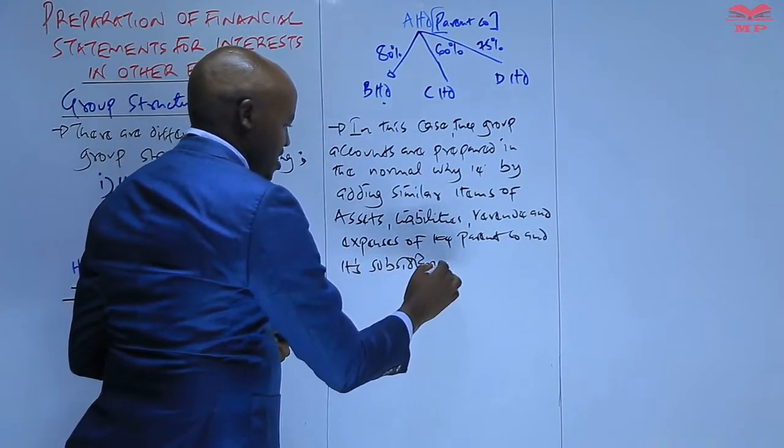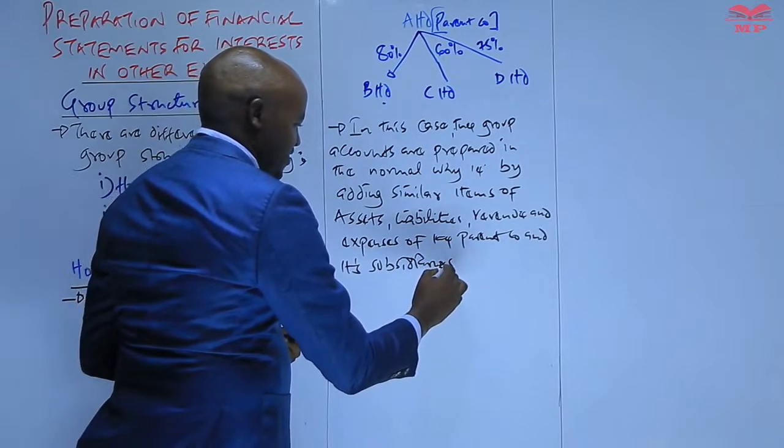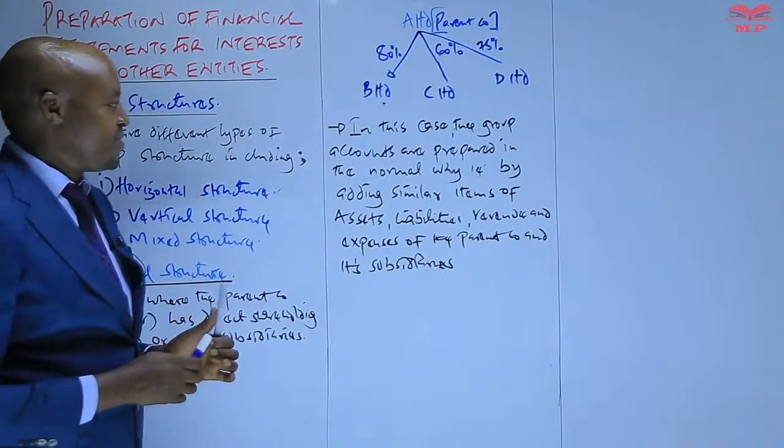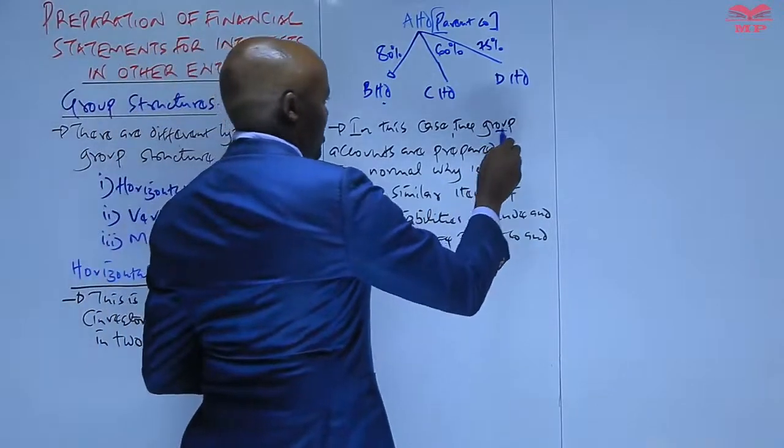So therefore, in the case of what we refer to as the horizontal group structure, the group accounts are prepared in the normal way.